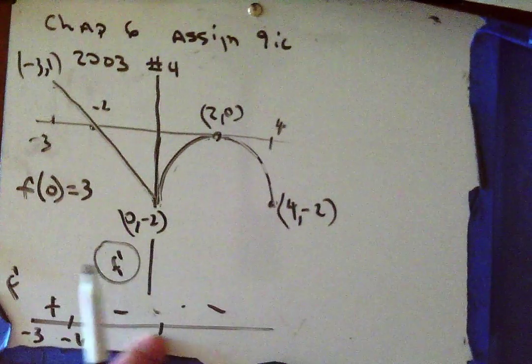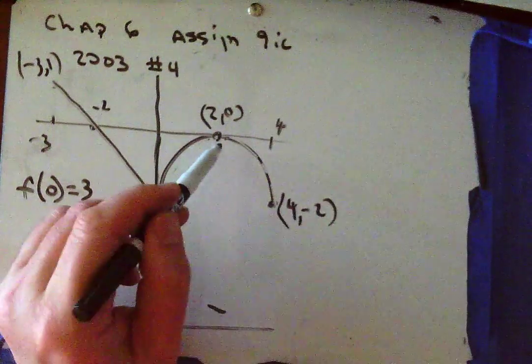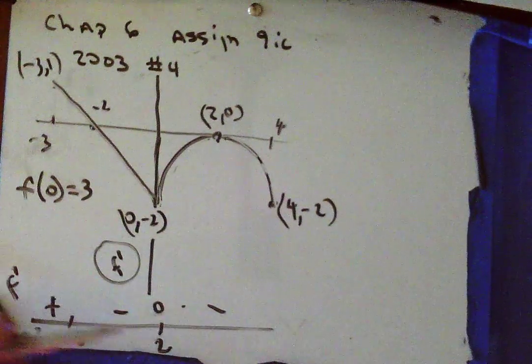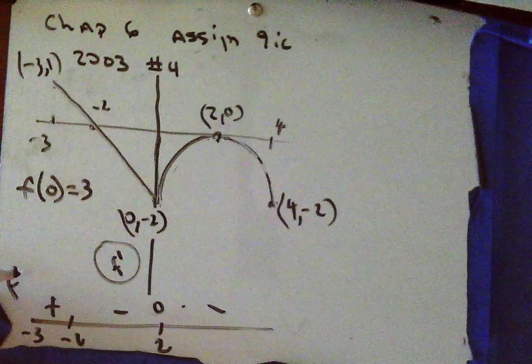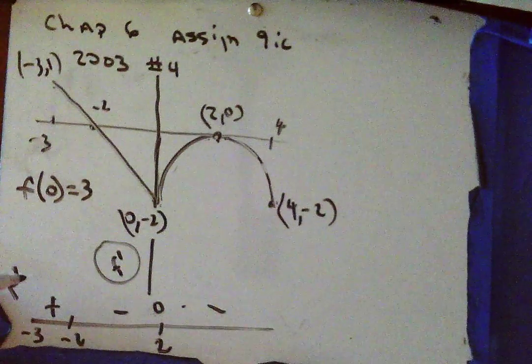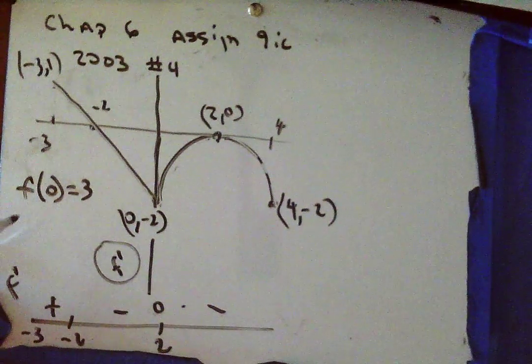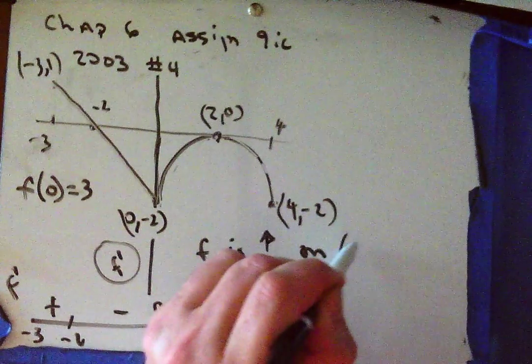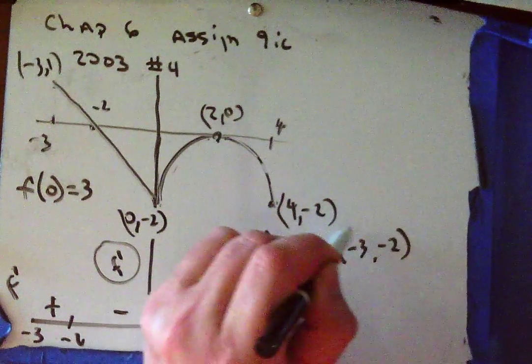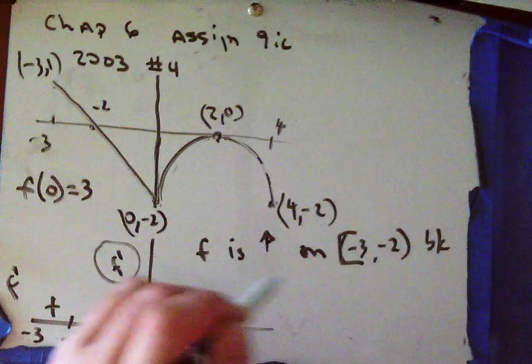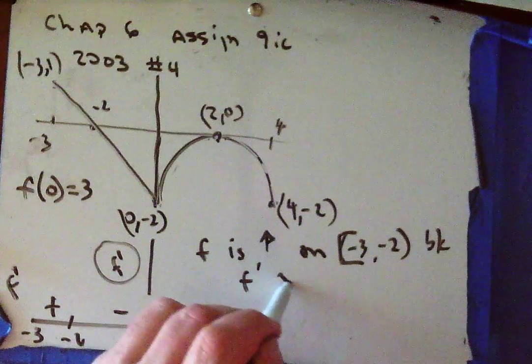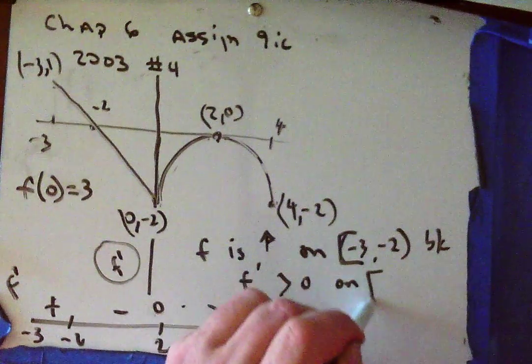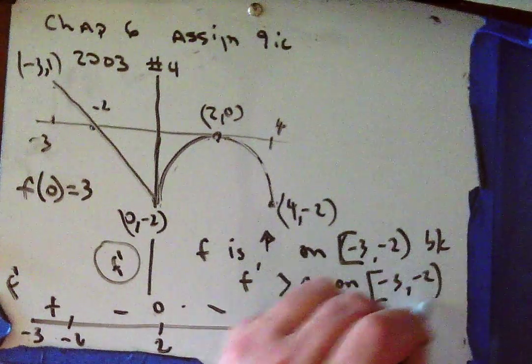Negative to 2. There we go. And here I have a value of 0 on that part. Okay, so when is f increasing? F is increasing on -3 to -2 because f prime is greater than 0 on -3 to -2.